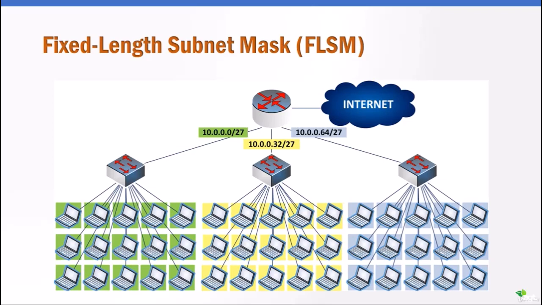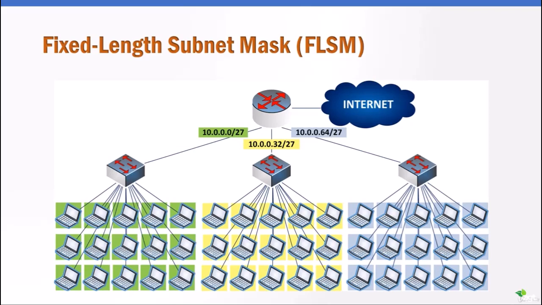But we need two additional IP addresses: one for the network ID or the network IP address, and the second one for our broadcast IP address. That means in total, we need 18 different IP addresses per subnet. So each of these subnets needs at least 18 different IP addresses.